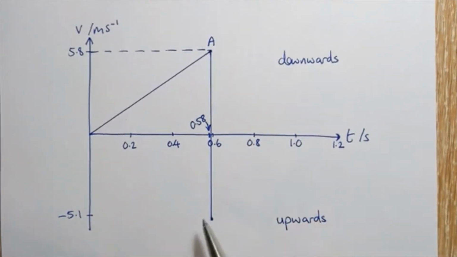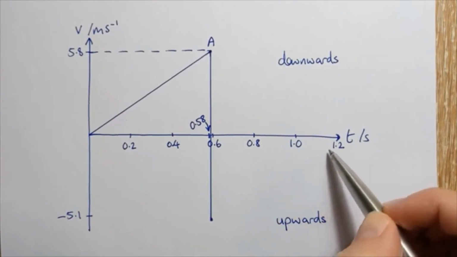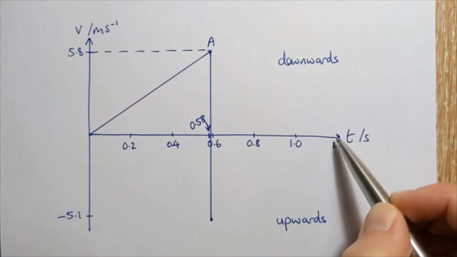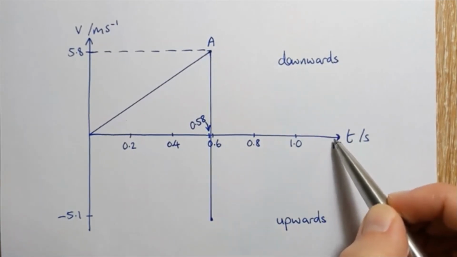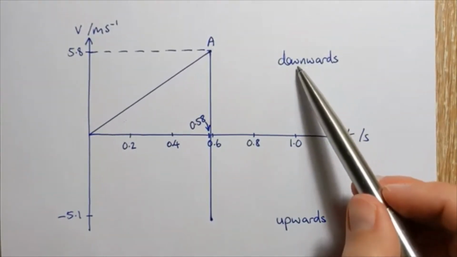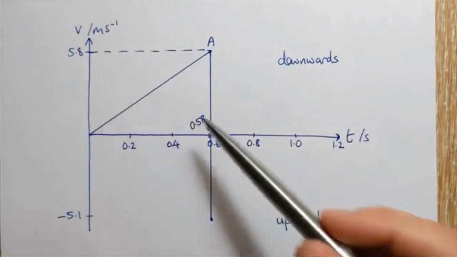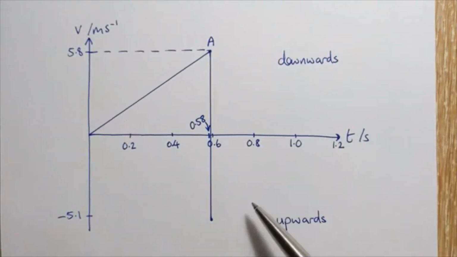So then it leaves the ground travelling at 5.1 meters per second upwards, and then it's going to slow down until it's back to zero velocity at its maximum height, and the gradient needs to be 10 meters per second squared downwards. So positive direction is downwards, so that's going to be positive 10 has to be the gradient.